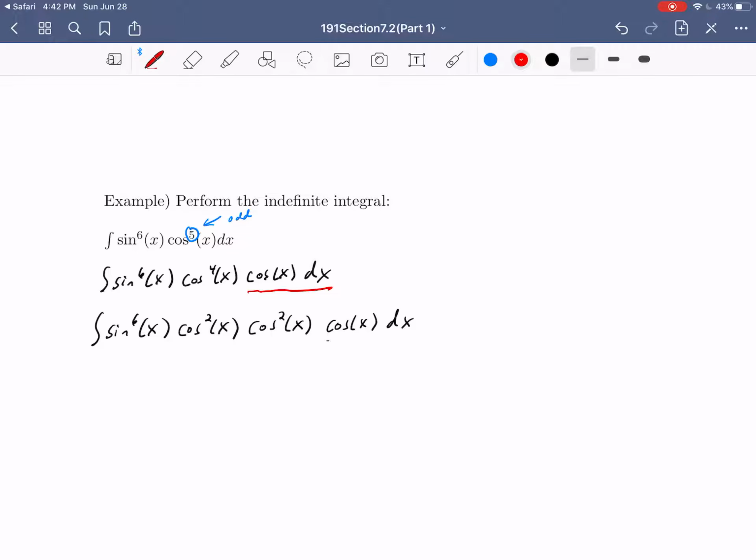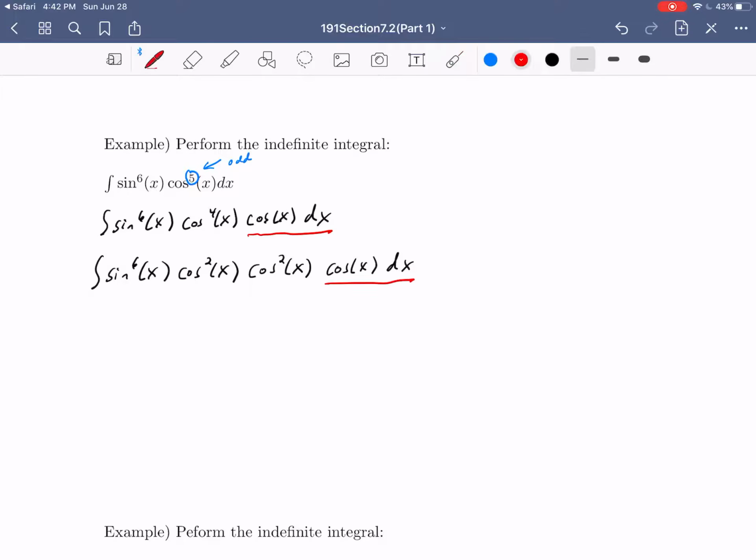And again, never going to mess with this. Each of these cosine squareds we can use our Pythagorean identity on. So integral sine to the 6th, 1 minus sine squared, 1 minus sine squared, cosine x dx.